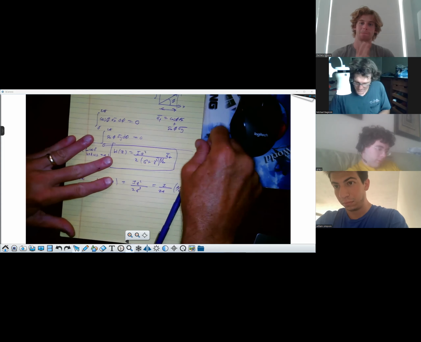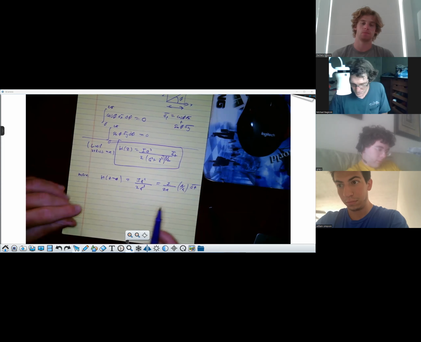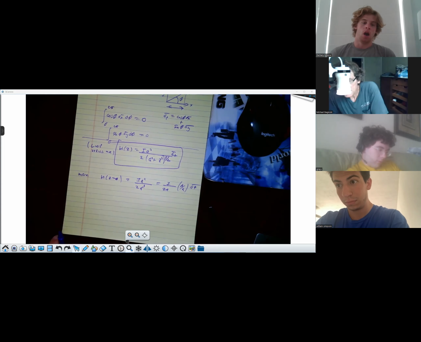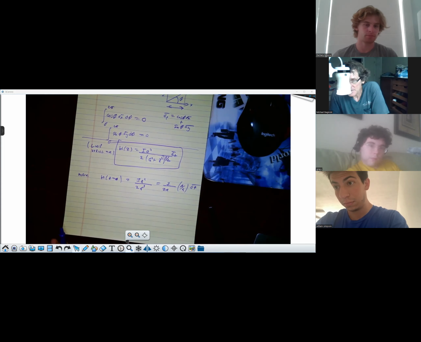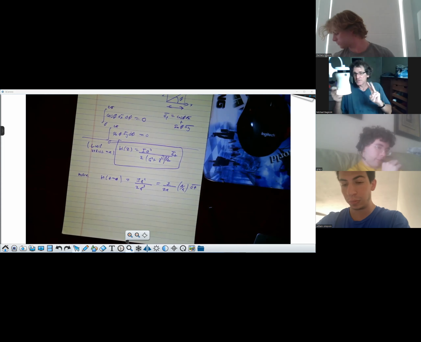Having said that, that's the H field from a single loop. By the way, what if you had two loops of wire, say insulated shellac wire, on top of each other? What would the H field be on the z-axis? The loops are on top of each other, one loop, two loops, both with a current I. They are 2 times the H field. Just double it. 3 loops, 3 times.